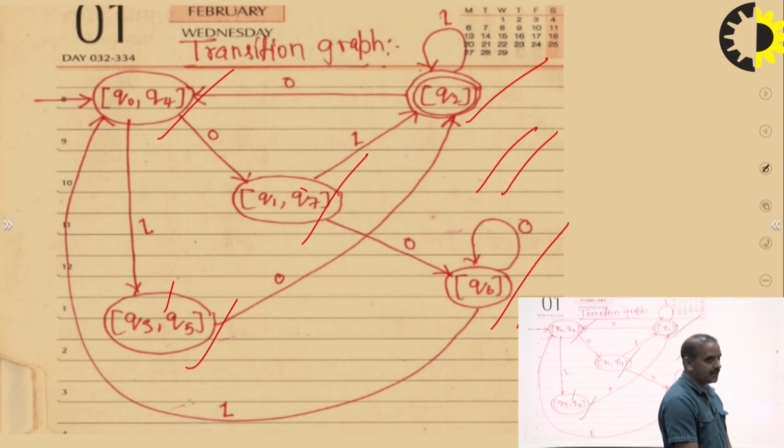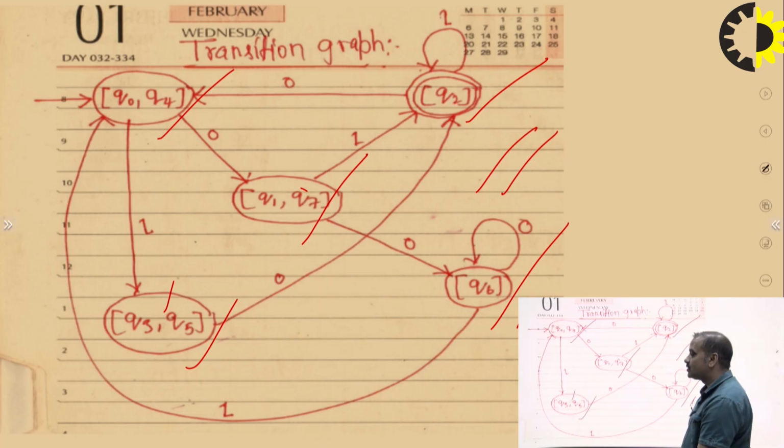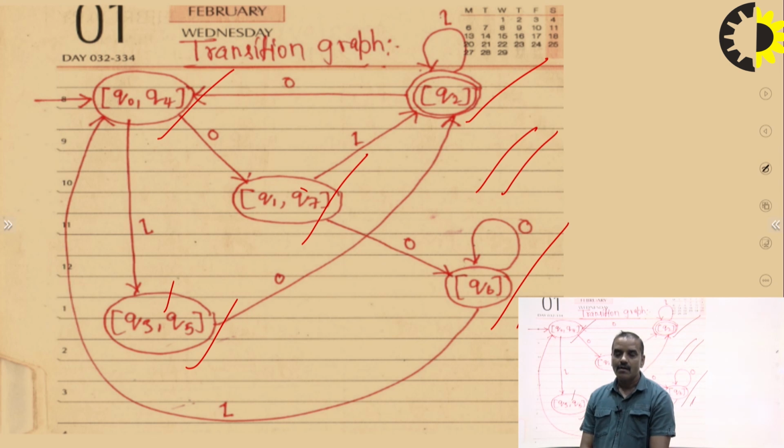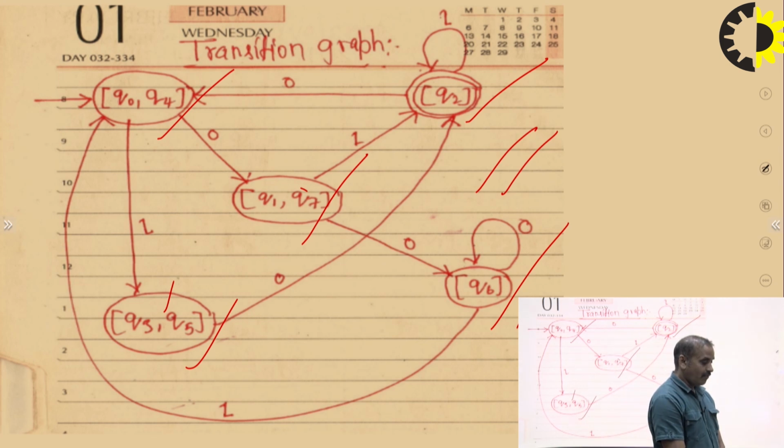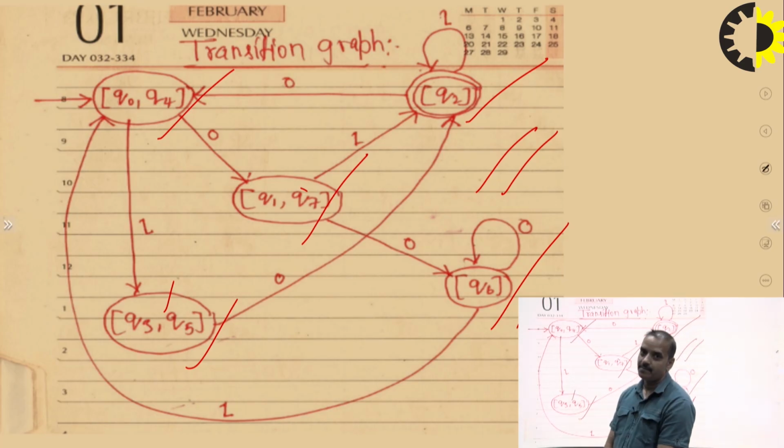After that, we have to check whether the written states are equivalent or not. By using the equivalence method, we have to check for both input 0 as well as 1.